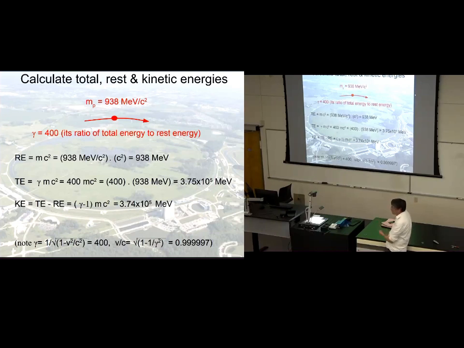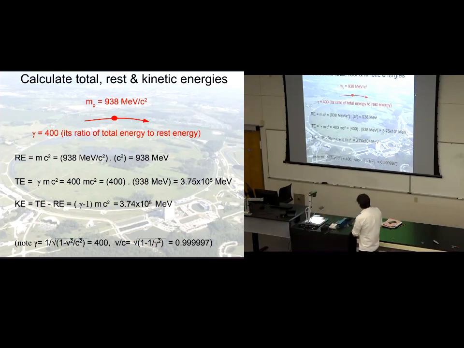Then finally, kinetic energy. Well, look, that total energy that we know, part of it is rest energy. We know that. The remainder of it is kinetic energy. We don't know that. We can just take the fact that total energy equals rest energy plus kinetic energy, and rearrange it for an equation that says the kinetic energy equals the total energy less the rest energy.